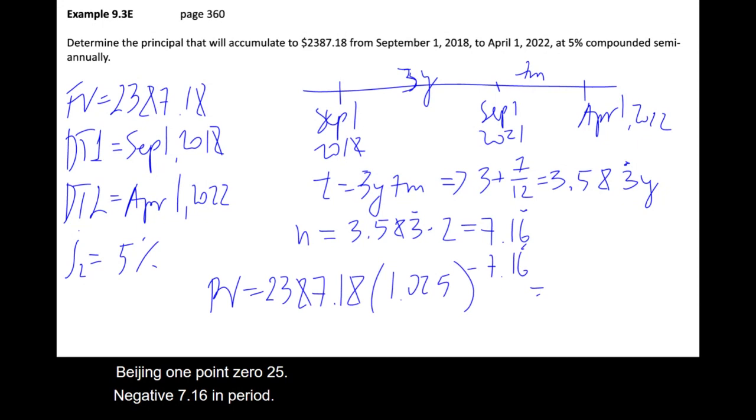Let me double check. May, June, July, August, September. Yeah, okay, good. $2,000.